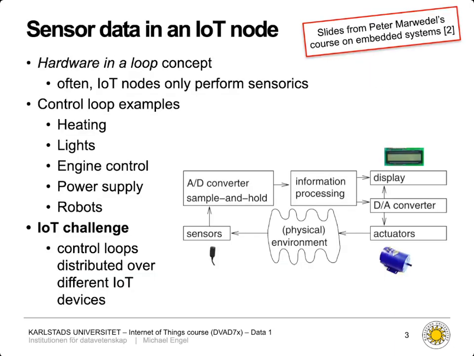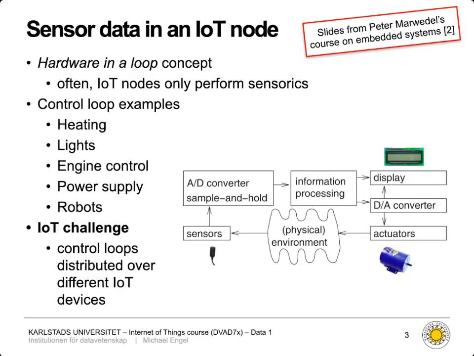And to do that, we should look at where sensor data is actually used in an IoT node. So what we see in the picture here on the lower right-hand side is a very typical IoT node or embedded system. In this case, it's pretty similar. So what's important is this is not just a device that's standalone. It's sitting inside of a physical environment.